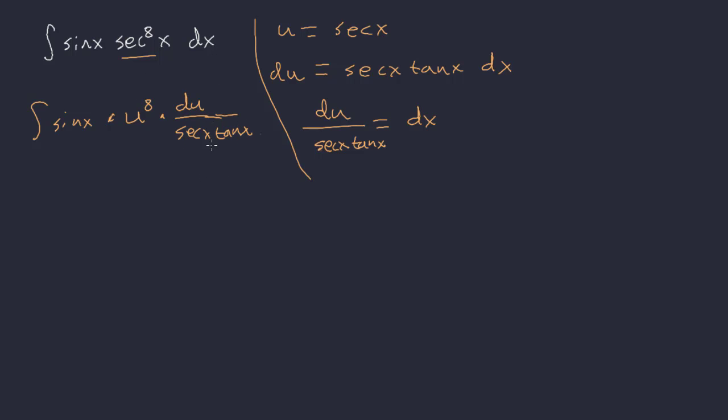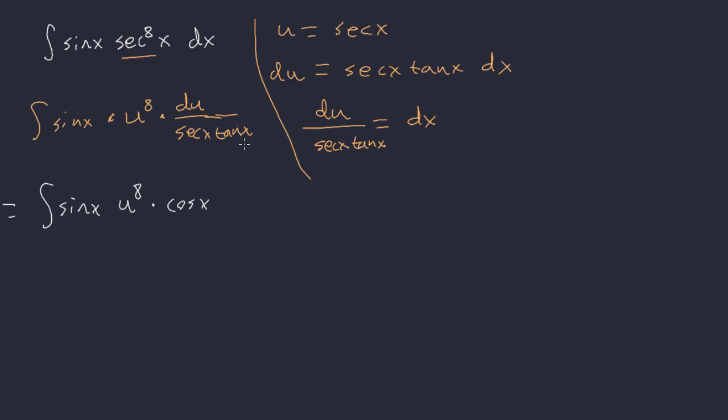However, let's see if we can play with it a little bit. Because secant is 1 over cosine, so 1 over secant should be cosine, right? So we'll have sine of x, u to the 8, and then this 1 over secant becomes cosine of x.